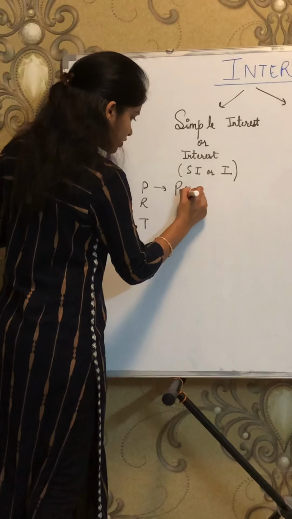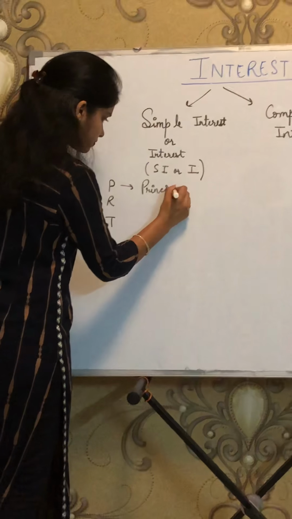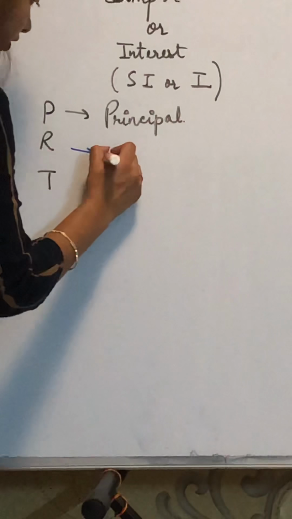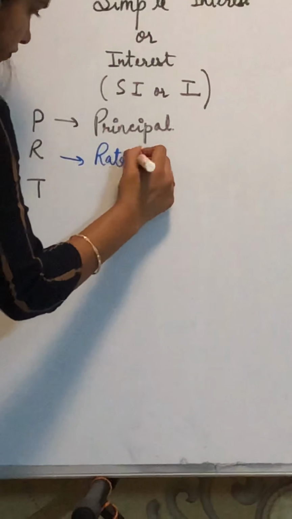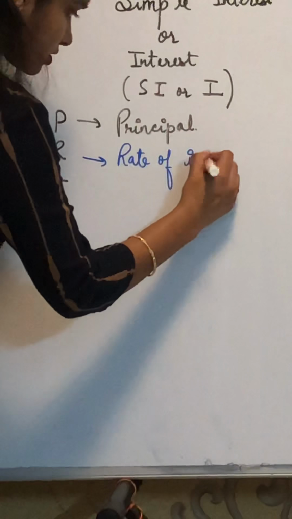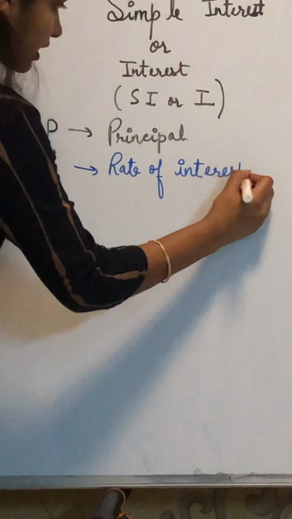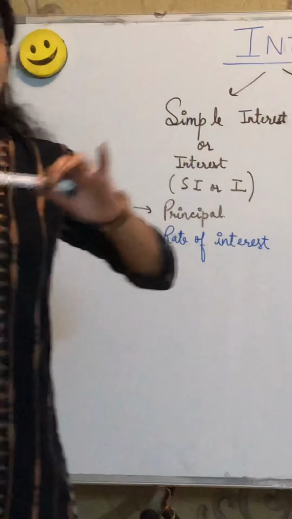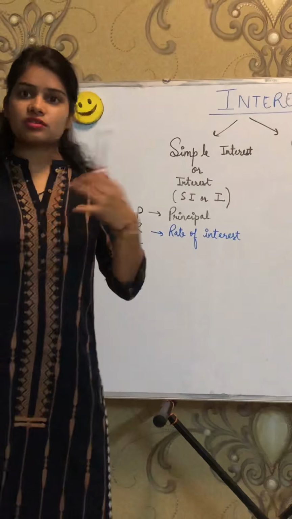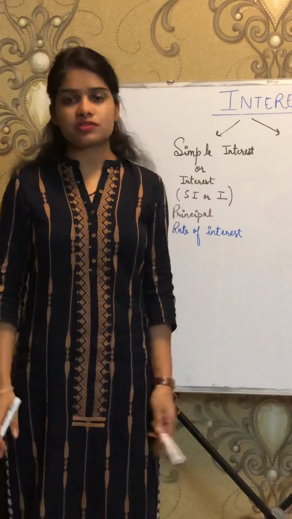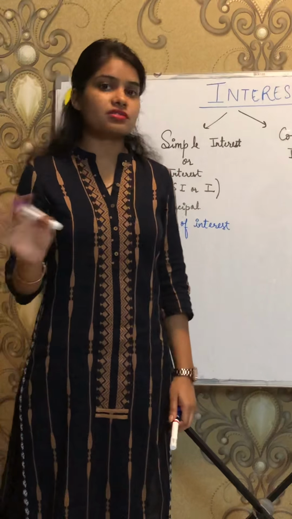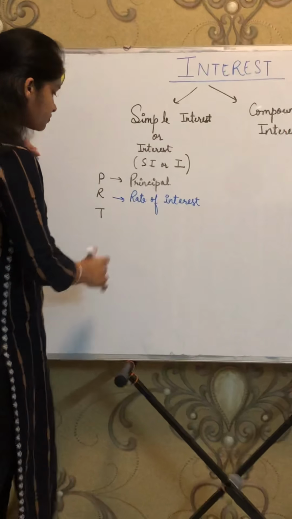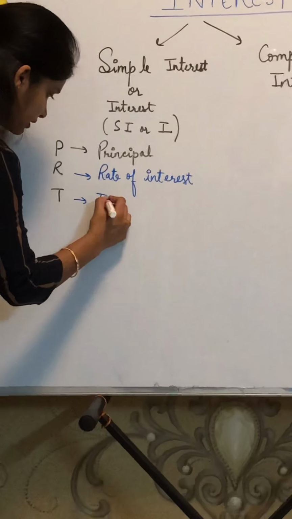P stands for principal, R stands for rate of interest. Actually, rate of interest is different. In each and every bank you go, rate of interest is like 7%, somewhere it is 8%, somewhere it will be 9%. So that is called rate of interest. And time period.